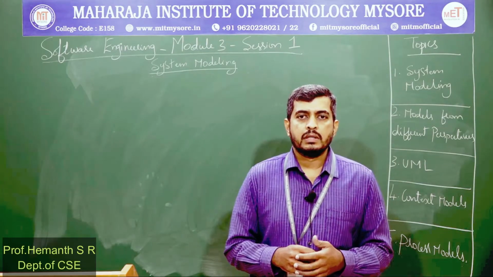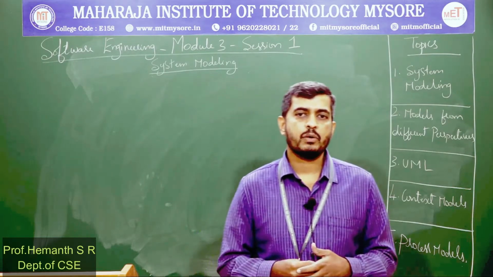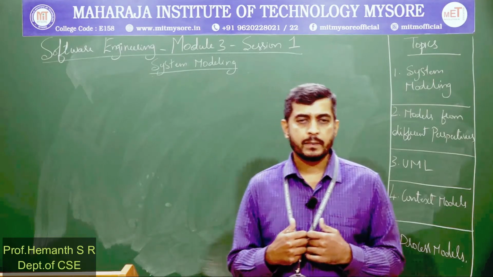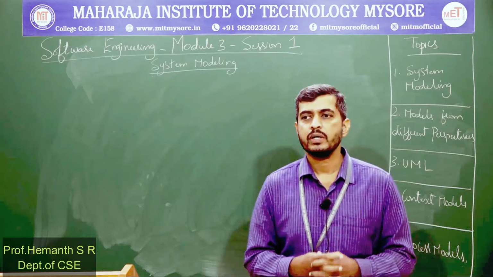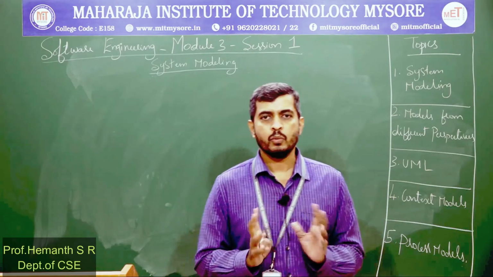Now I was talking about the second part in module 3, that is how your design can take a transition into implementation. That aspect will be dealt with in the second part of module 3. So in a nutshell, module 3 is dealing with two major topics.